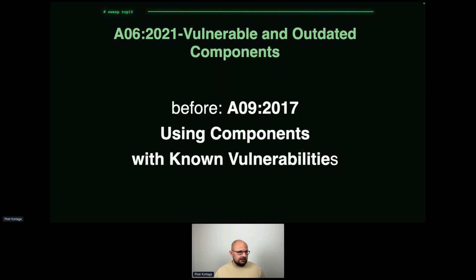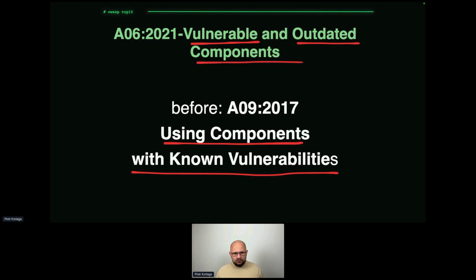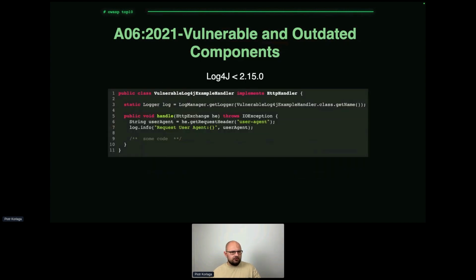Another thing, this is something not really new. I would say they just changed the name. Previously, it was using components with known vulnerabilities, but now it's more general, vulnerable and outdated components, right? And I don't know if you remember, that was a year ago, I would say, there was a problem with log4j.